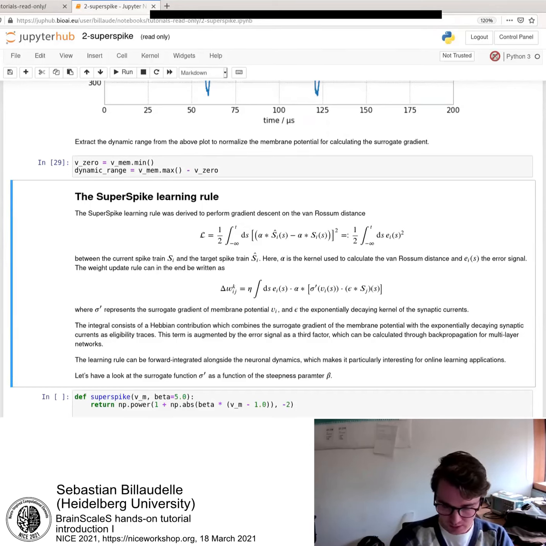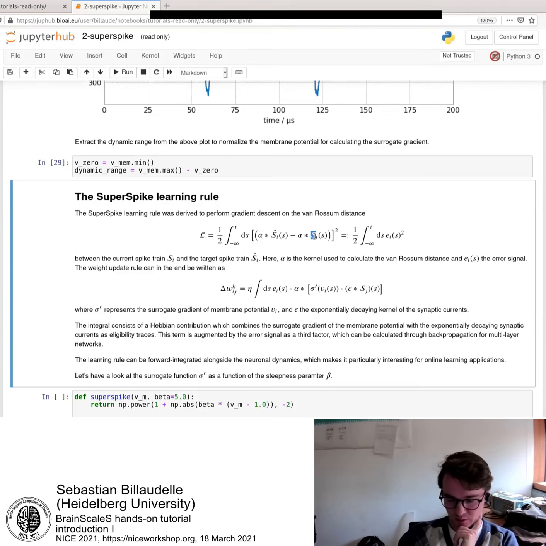So the idea here is that we want to minimize a loss function. And for spiking networks, one of these loss functions would be the Van Rossum distance. The Van Rossum distance tells you the similarity of two spike trains. And for that purpose, we define these two spike trains, S and S hat.